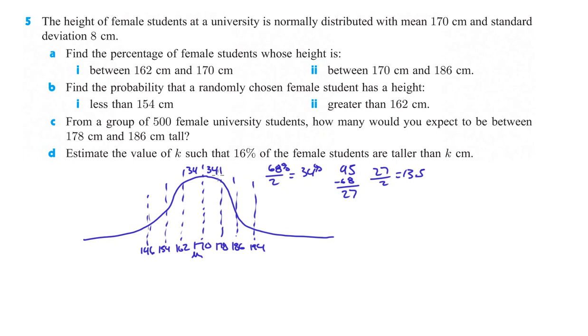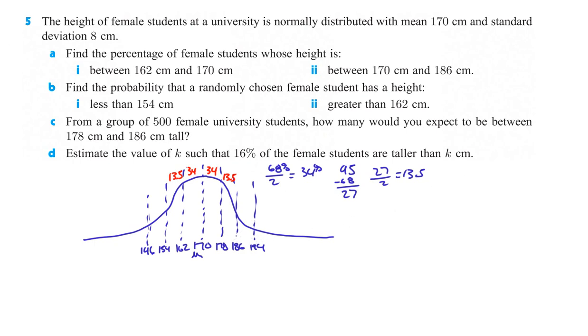Let's do this in a different color so that we can read it a little bit better, because that looks like 341, which is not what we want. So let's change this to red here. This is 34% there and there, 13.5 here, 13.5 there, and then up to the next one is 99.7.